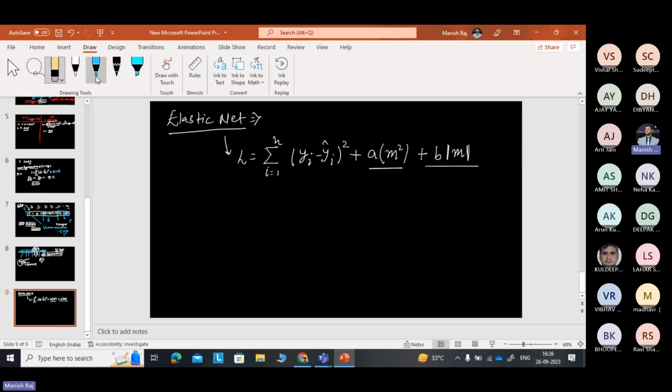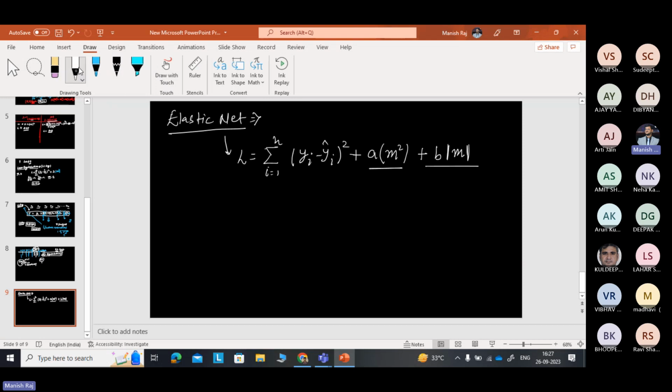If there is more input, you can use the vector w, like w square, where w will be the combination of w1, w2, w3, like this. So this is the vector. So the concept is there.